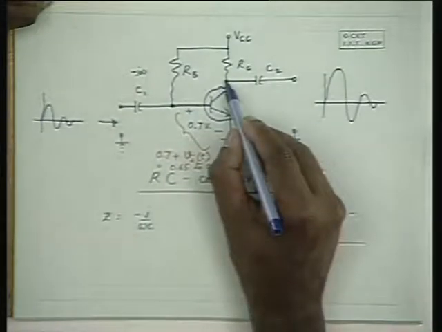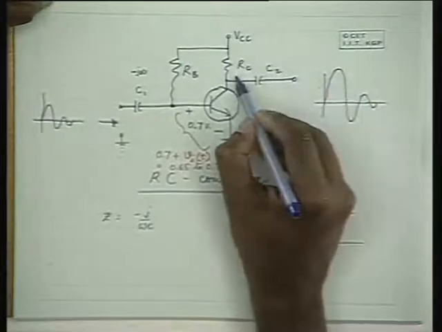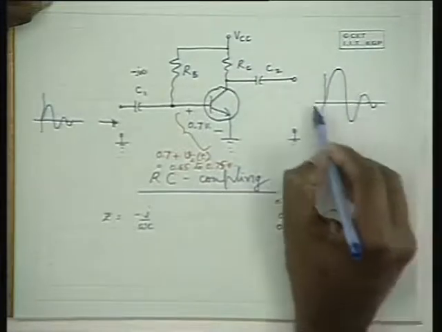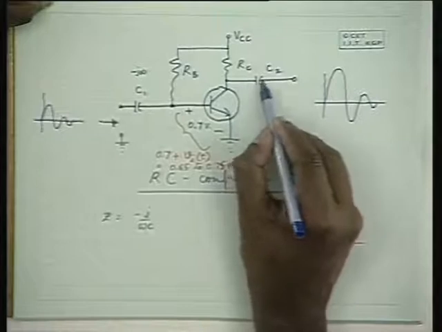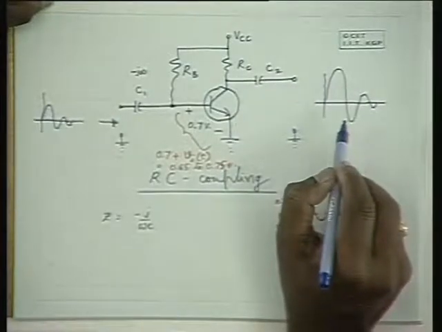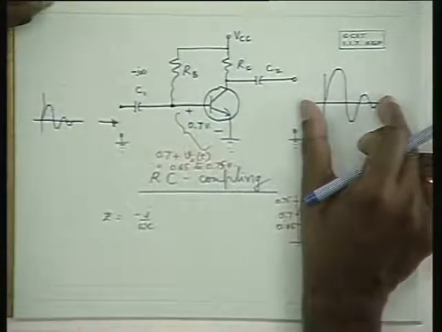And similarly at the output side, you have high voltage here. When this is 12 volts, this is of the order of 6 volts, and you need only an AC component by subtracting the DC. Therefore, we use another capacitor over here. And we can use another such amplifier stage here if you want more amplification, because the DC is isolated.